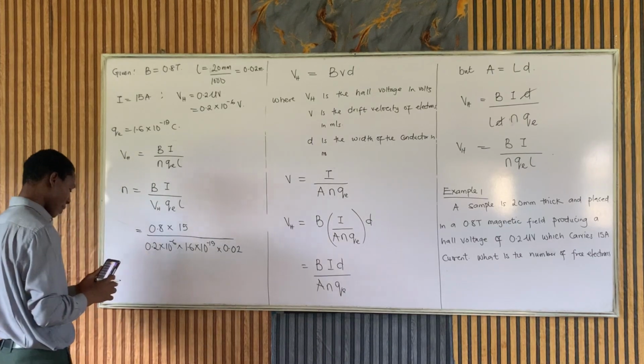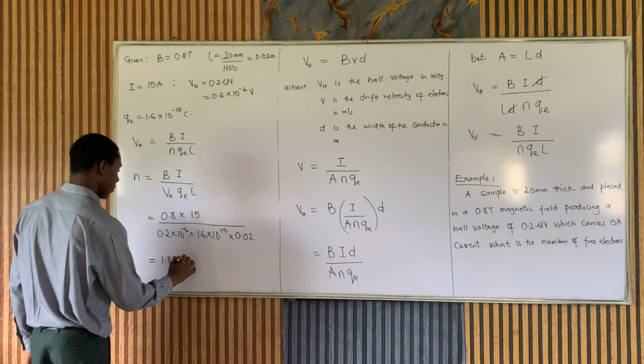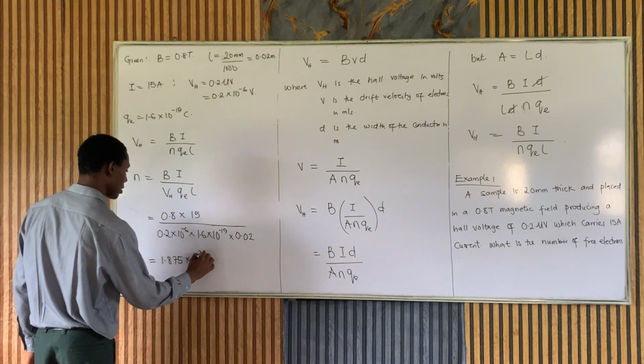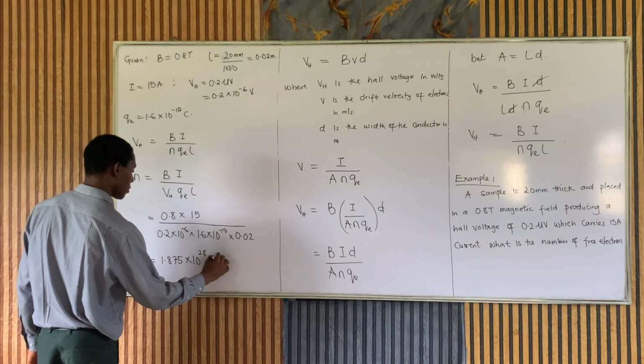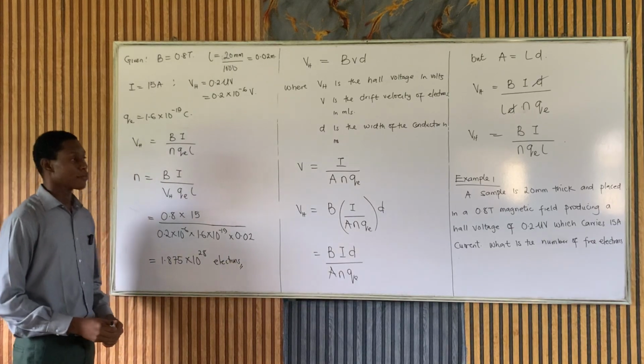So let's evaluate this now. This will give us 1.875 times 10 raised to the power 28 electrons, or charge carriers. So that's that for this question.